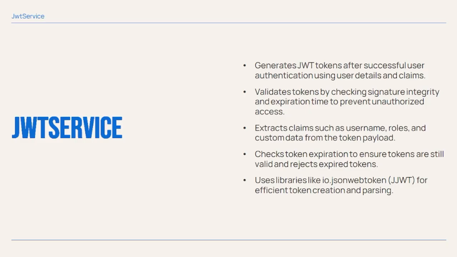As I told, JWT is a JSON web token. You can get information such as username, roles, email, first name, last name, etc. Check token expiry, which ensures the token is still valid. Use a library like JJWT for the essential token creation and parsing.